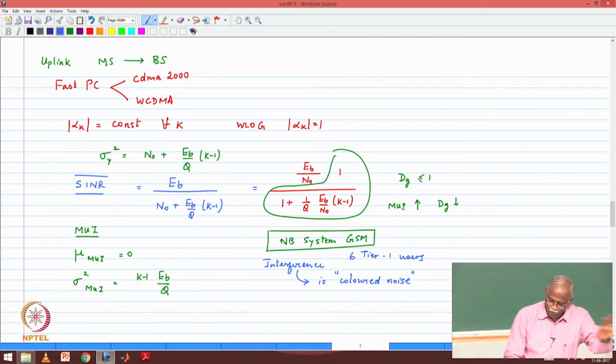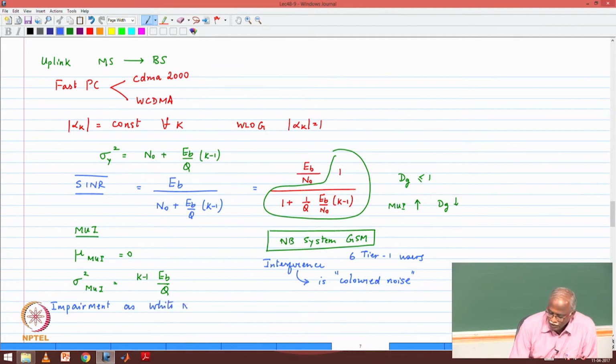On the other hand, if you move over to the CDMA system, what are we saying? We have a large number of users in the system. The multi-user interference now looks Gaussian, and therefore our ability to work with this interference is somewhat different. The impairment in this case behaves like white noise. The reason for this is that we have a large number of users, K going up, and then the central limit theorem kicks in, and we are able to make the argument.